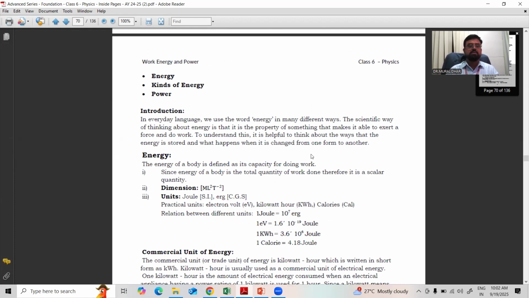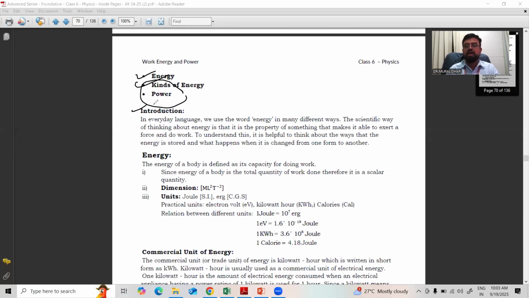The second one is energy. Today we are going to discuss what is energy, what are the kinds or types of energies, and by the end we'll discuss power also. These are the 3 important physical quantities of the chapter.